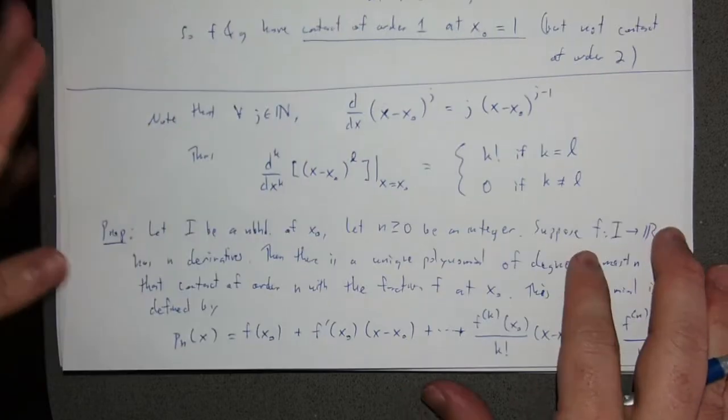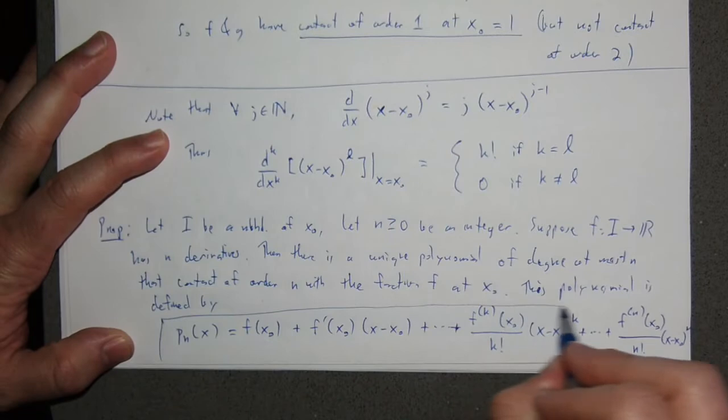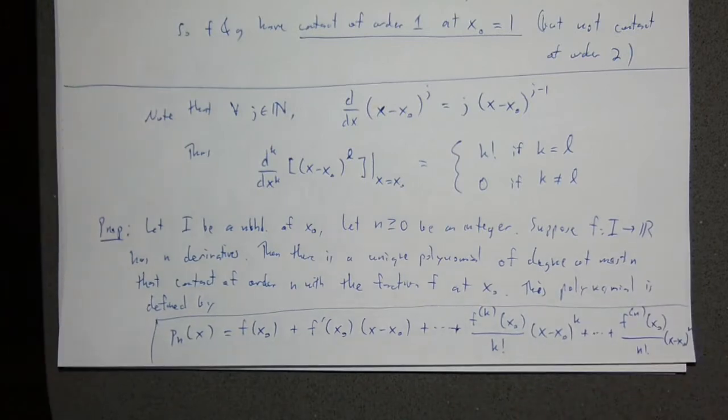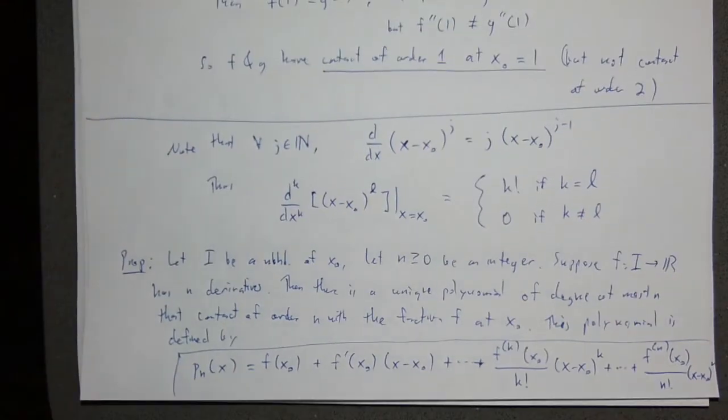All right. So this is the thing that defines my polynomial. You might say when you first glance at this, where does this formula come from? But as you'll see in a second, this is actually kind of the only thing that could work here. This is called the nth Taylor polynomial, as you've already probably noticed.